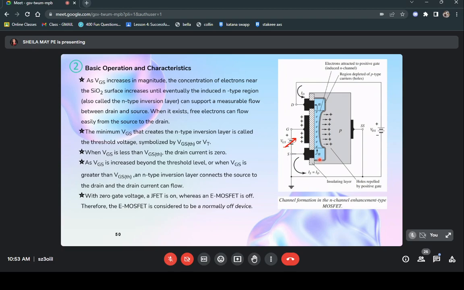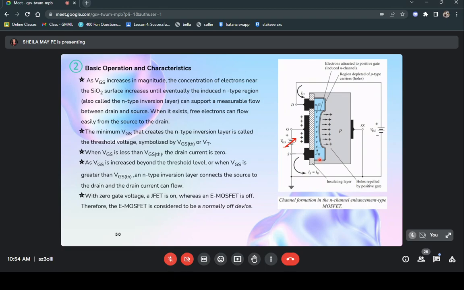We need a positive potential that is equal to or greater than our threshold VGS in order for a channel to exist. And if a channel already exists, then electrons and drain current can flow. Therefore, it can turn on our E-MOSFET.